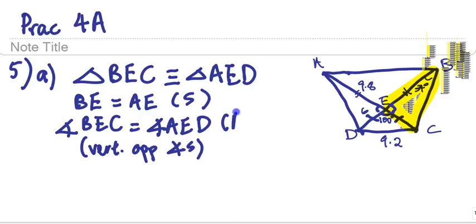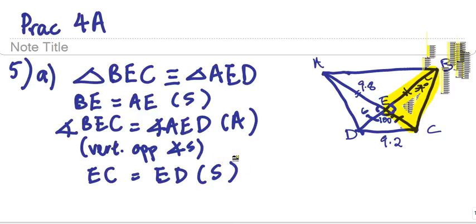So this gives you the A. And finally, the last side, I have ED, or rather EC is equal to ED, and this gives you the second side. So you can prove that triangle BEC is congruent to triangle AED by SAS. Even though the question doesn't need you to prove, it is good to show.